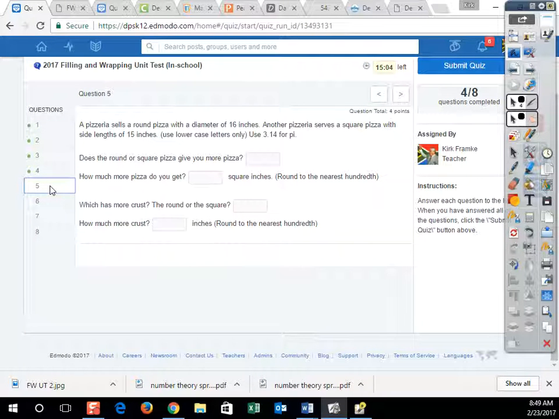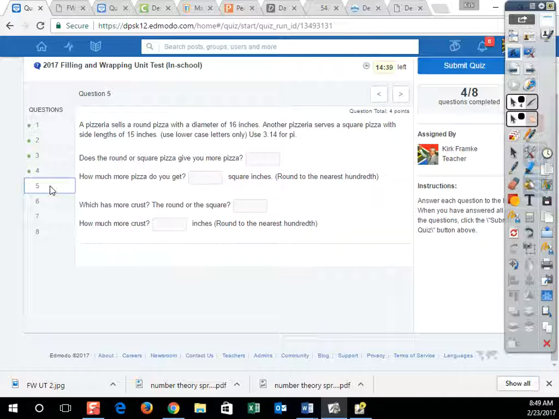All right. A pizzeria sells a round pizza with a diameter of 16 inches. Another pizzeria serves a square pizza with side lengths of 15 inches. Use 3.14 for pi. Should I use the pi key? No. All right. Does the round or square pizza give you more?